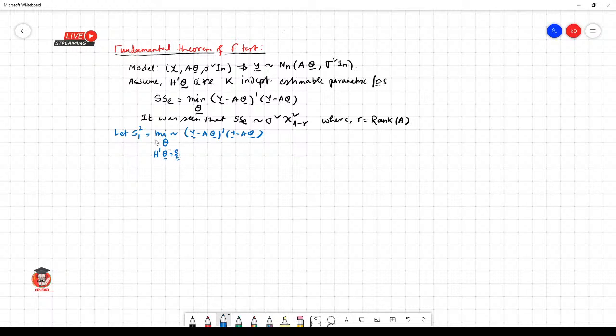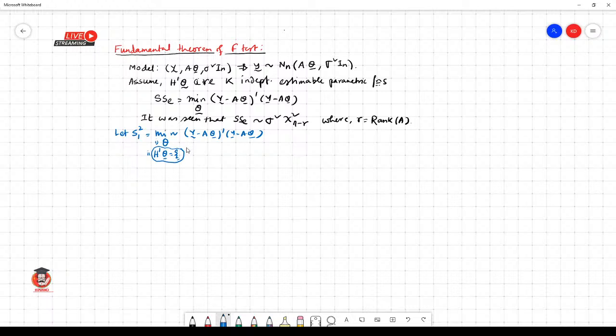If this part is minimized with respect to only theta, then it is nothing but SSE, but here I introduce another constraint, that is H prime theta equal to xi. So S1 square is the minimum value of this, minimized with respect to theta, under the condition H prime theta equal to xi.